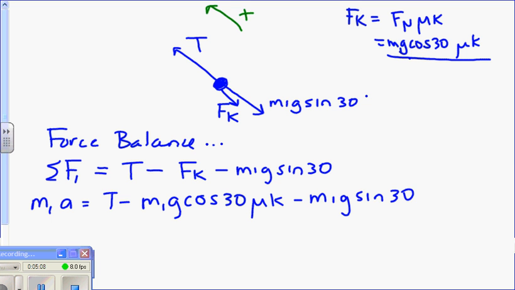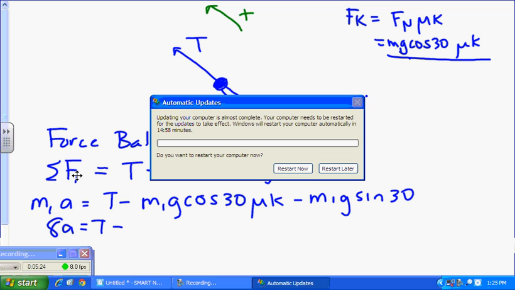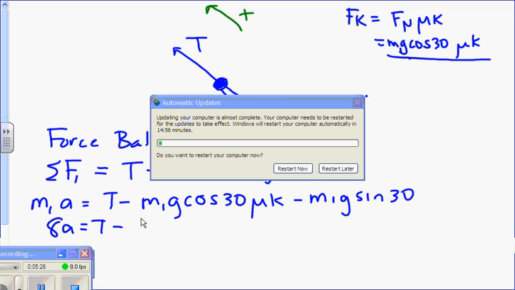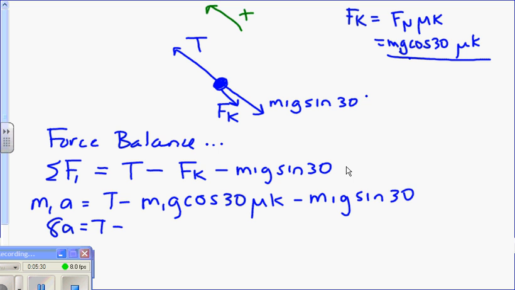So that looks like a lot, but you could actually just sub in all the numbers, and I'll leave that to you, and you end up with an equation, 8A, where 8 is the mass m1, equals T minus 53.46. That's rounded, of course.